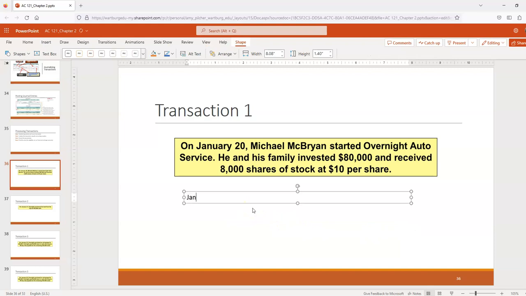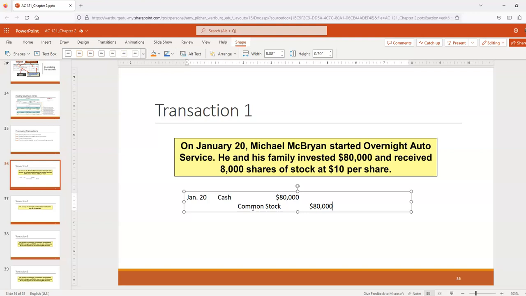So we have, it is January 20, and we received cash of $80,000 and common stock of $80,000.